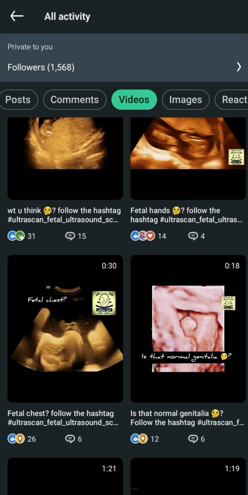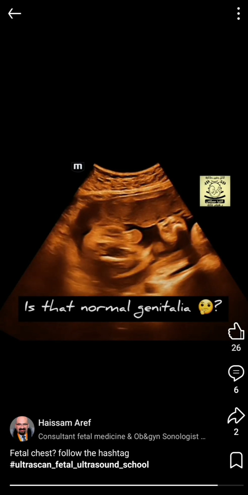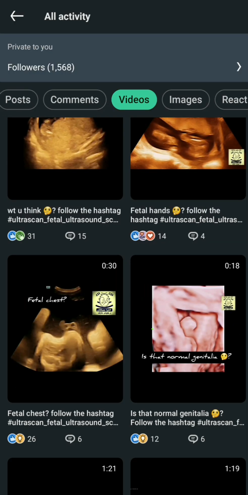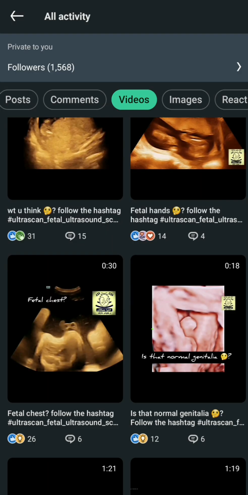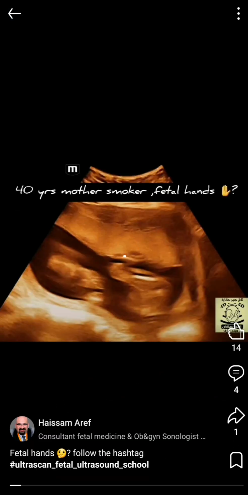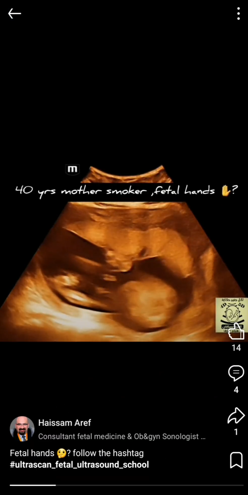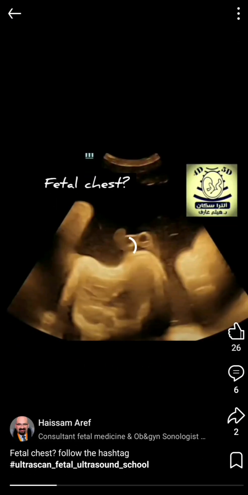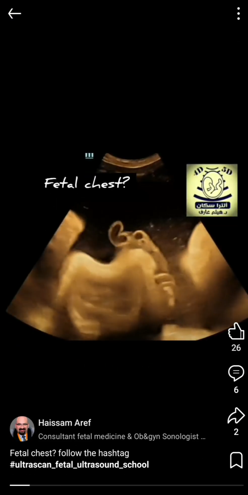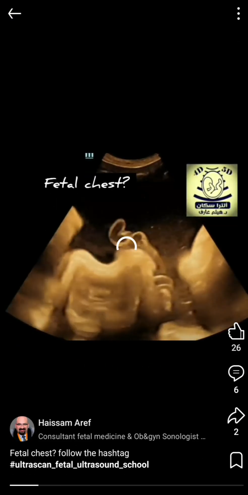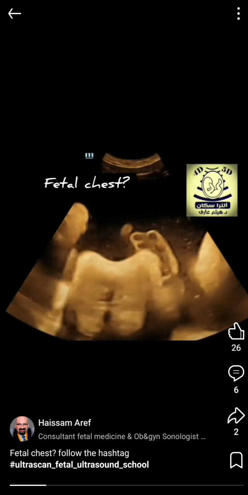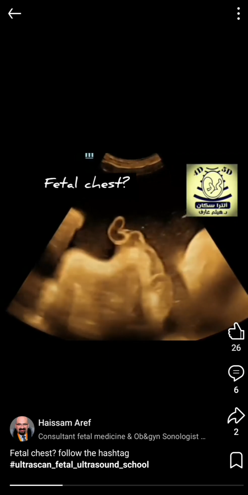Let's go back to our other cases. This one was a case of pectus excavatum. Yes, we are seeing here another case of pectus excavatum. You can see the distinctive appearance of the chest.